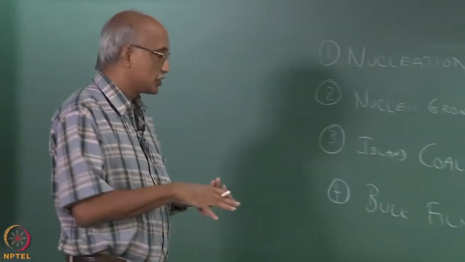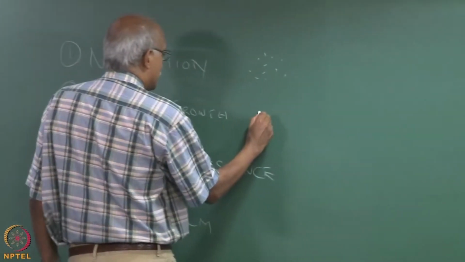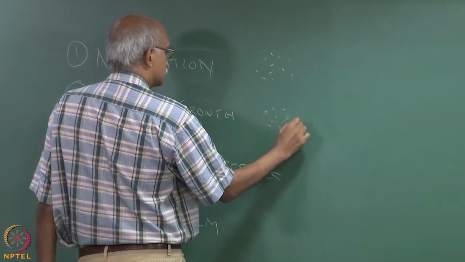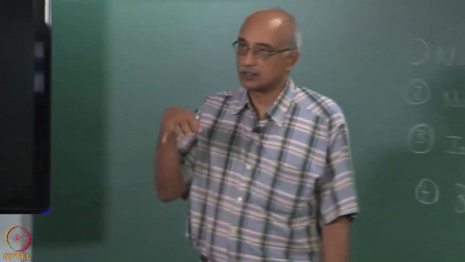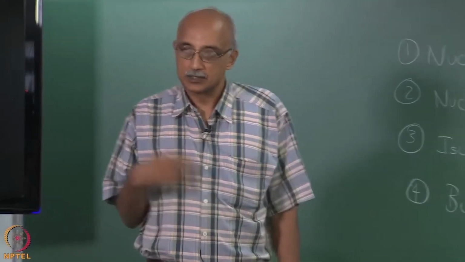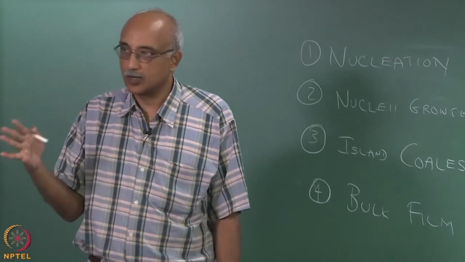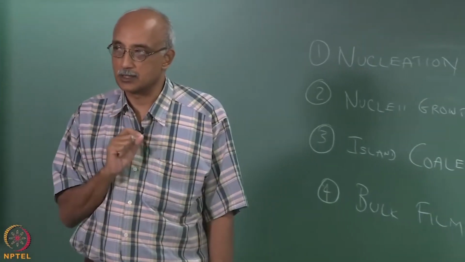As more deposition happens, eventually these nuclei start to become larger as they absorb more vapors that are depositing onto the surface. So, that is the second stage. It is a transition stage where you still have not really formed a film. These are still isolated locations where the condensate exists.